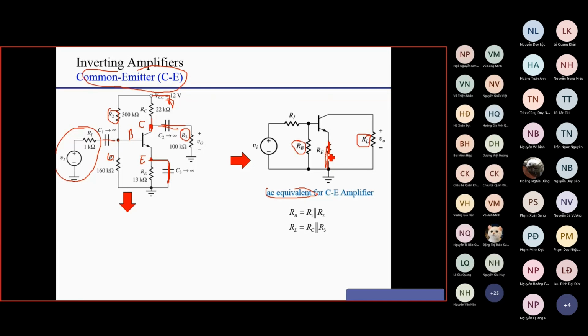There is another configuration with RE as the feedback resistance to stabilize the amplifier. We will talk about that advanced configuration later. For the moment, C3 is short circuit and RE is bypassed, and that means the emitter is connected to the ground. Okay. So the calculation is here, nothing complicated.